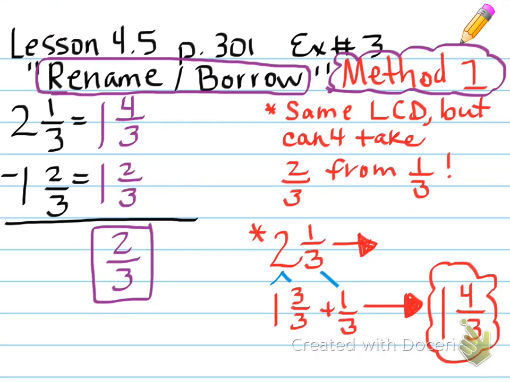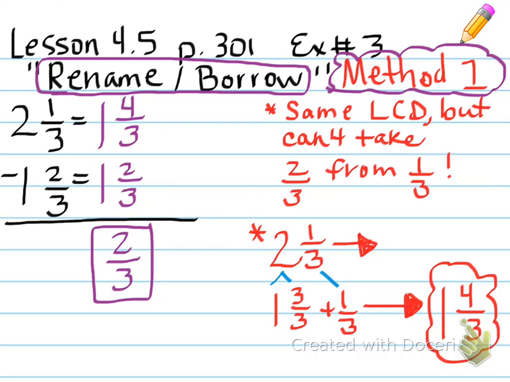I broke down 2. Here's where I borrowed. Take away the 2, it becomes a 1. But 1 and 3/3 is still equivalent to 2 whole. It's just rewritten or renamed because I had to borrow. It's still the same value.